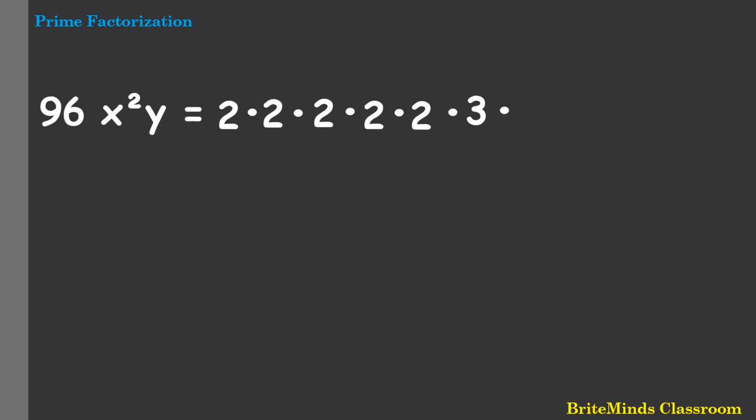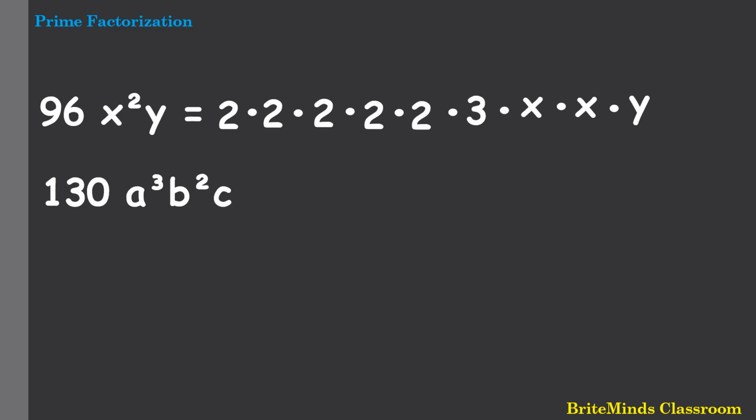We make it x times x since there are two x, and then we have 1y. So the prime factorization of 96x squared y is 2 times 2 times 2 times 2 times 2 times 3 times x times x times y.